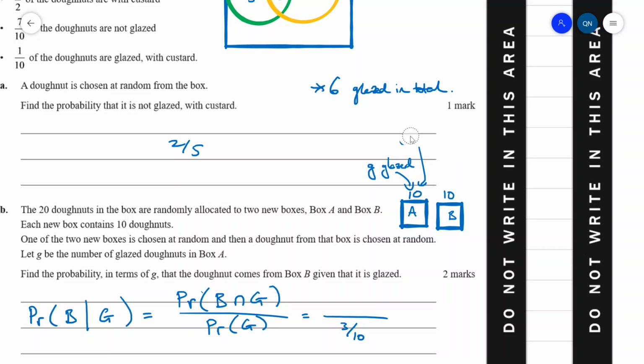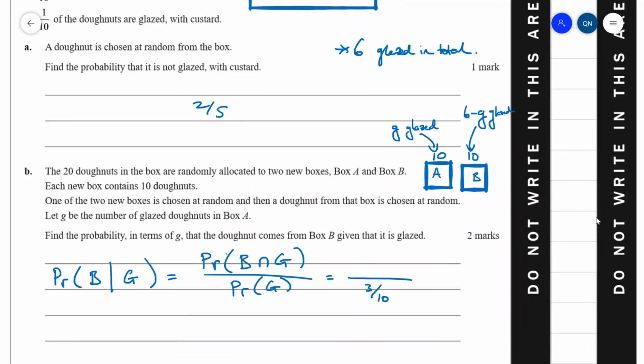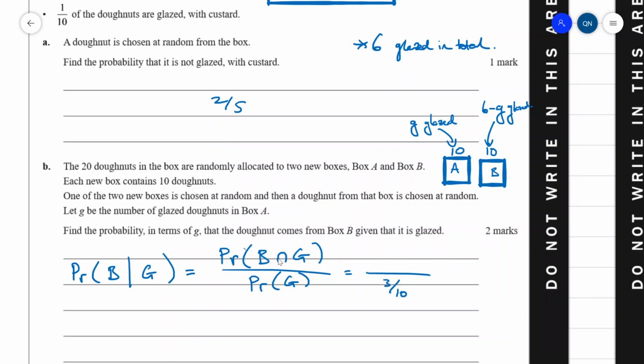Maybe it is, I don't know. But there's only G glazed donuts in A, and there's 6 glazed donuts in total, so the other 6 minus G must go in B. So inside of B, 6 minus G glazed. That makes sense. So now we ask ourselves the question, the probability of B and glazed.